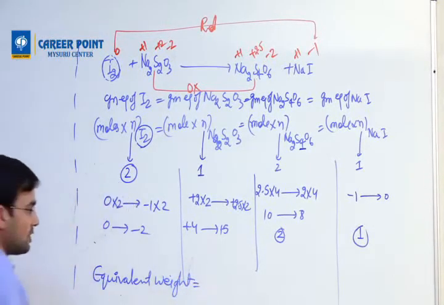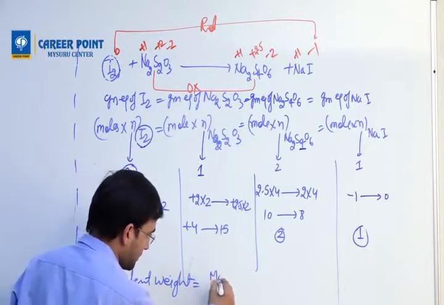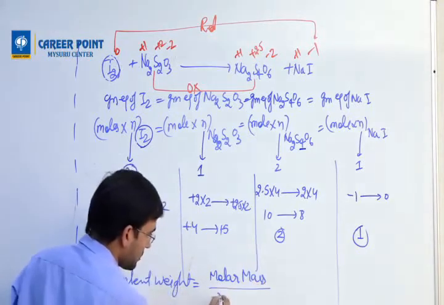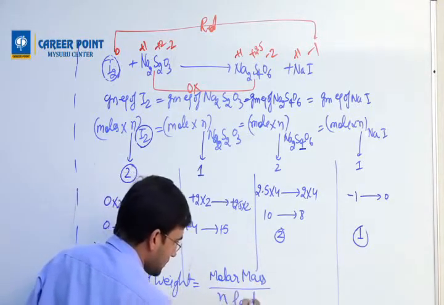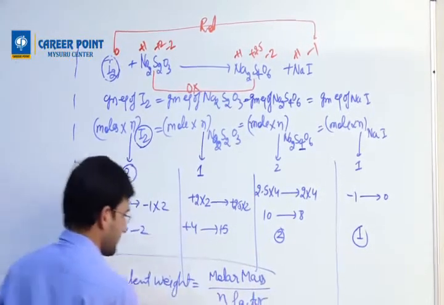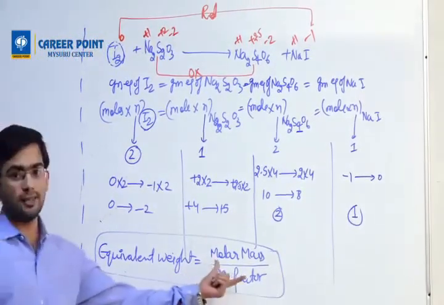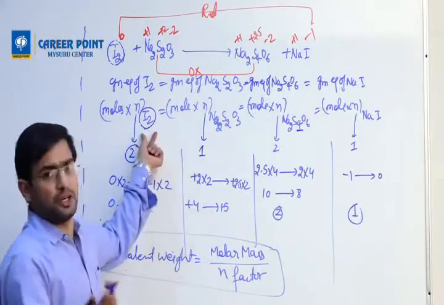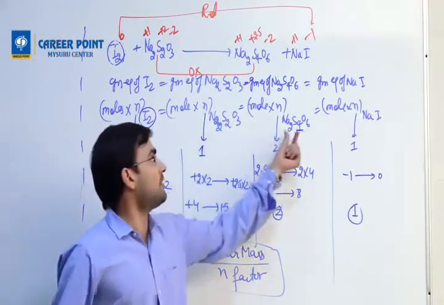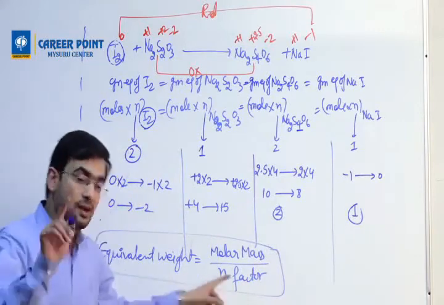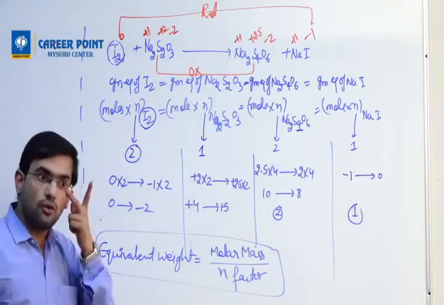Equivalent weight equals molar mass by n factor. Molar mass is for the substance. Molar mass of I2 we can find out, Na2S2O3 we can find out, Na2S4O6 we can find out, NaI. Divided by their n factor, we can find equivalent weight.